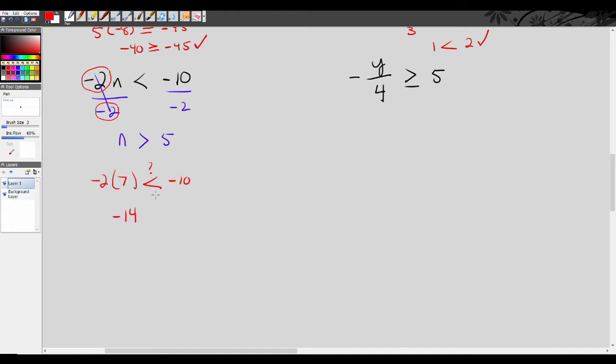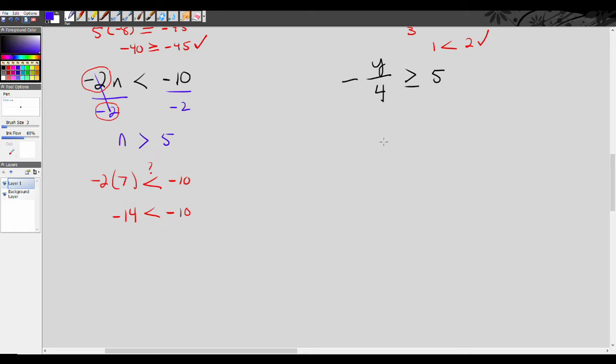And we can see here that negative 14 is definitely less than negative 10. So remember, this switch happened. It had nothing to do with this negative 10. It had to do with the fact that since the original inequality statement had multiplication by negative 2, we had to undo multiplication by a negative number, which meant I had to switch the inequality sign. I had to reverse the inequality.